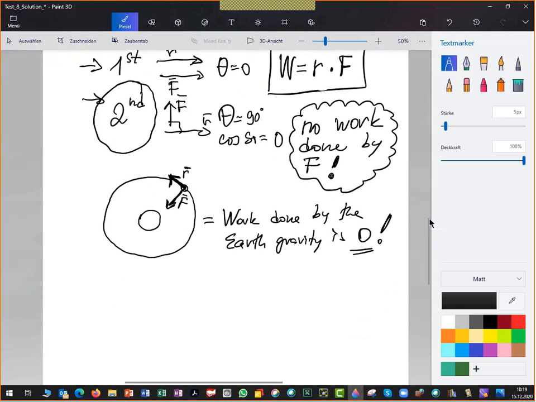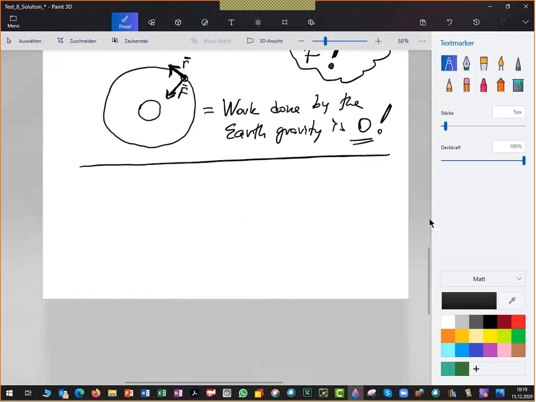Now let's move a bit to another topic, and let us now experience yet another phase of work. It is not only a scalar product, it is also an integral. Let me explain why.